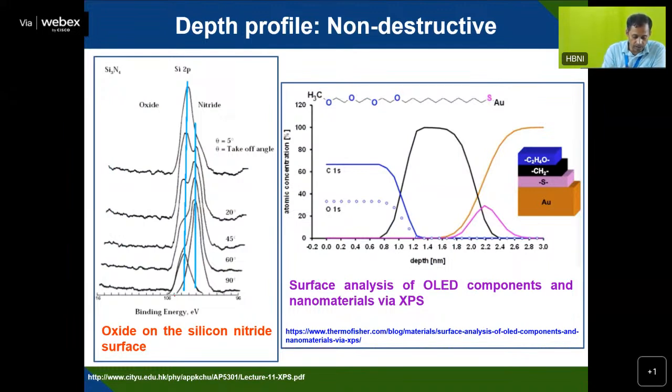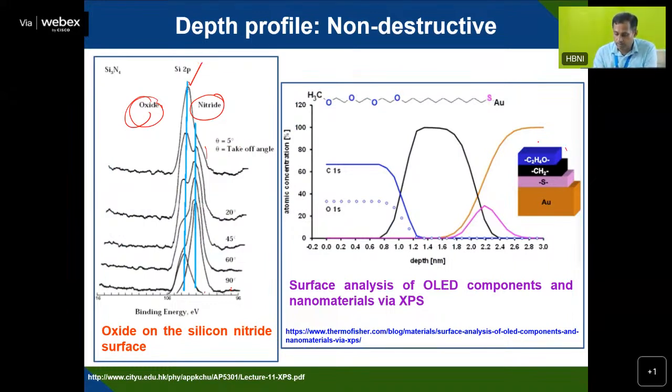As you go from 90° to a 5° takeoff angle, you can see the silicon from oxide and the silicon from nitride: the nitride peak is decreasing, but the oxide peak is increasing. So you can see the depth profiling.